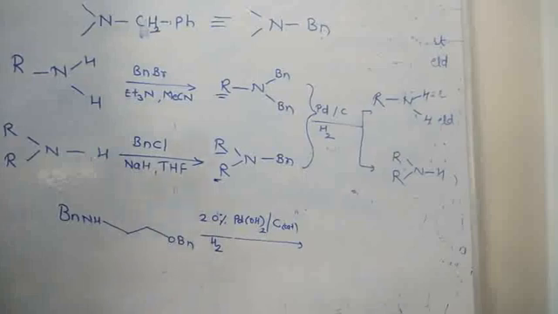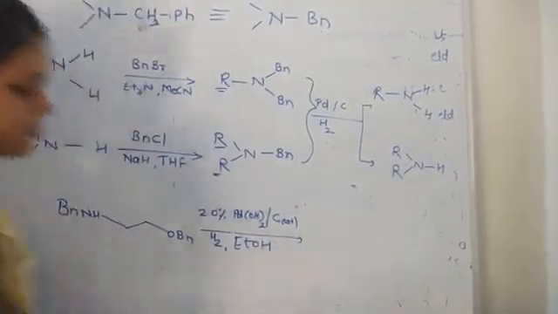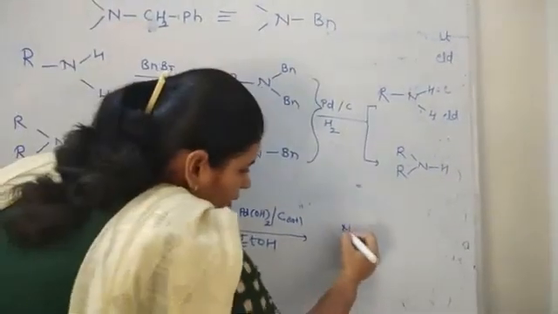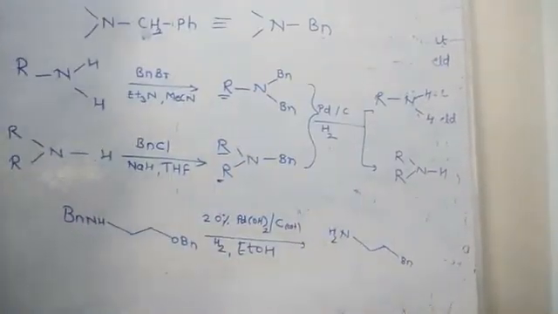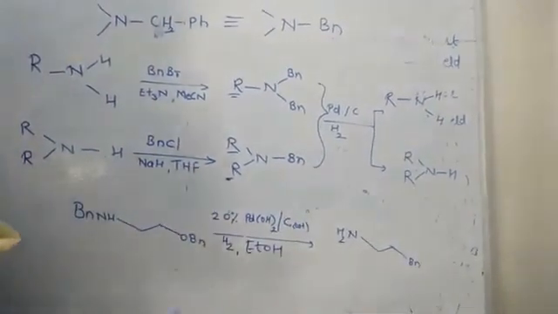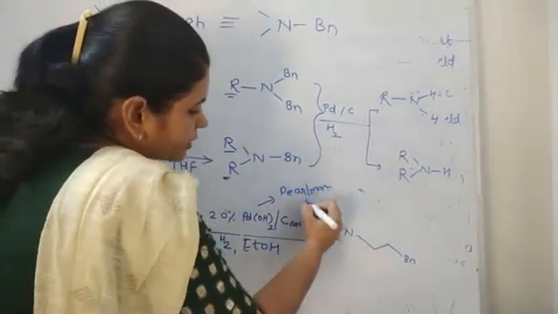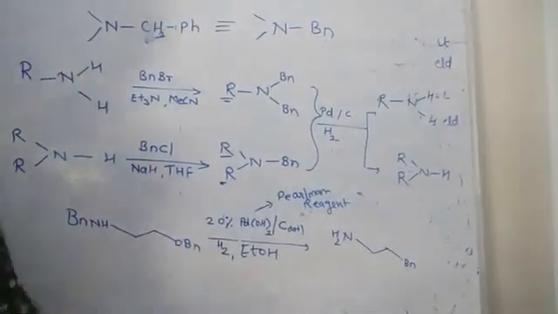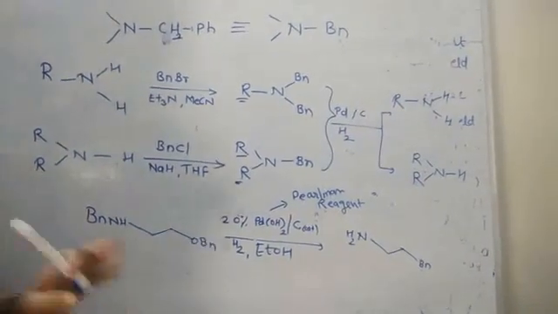Here H2 gas is used and the solvent is ethanol. In this condition, your amine is recovered to give this desired product. This reagent is also called the Pearlman reagent, the 20% palladium hydroxide on carbon as a catalyst.